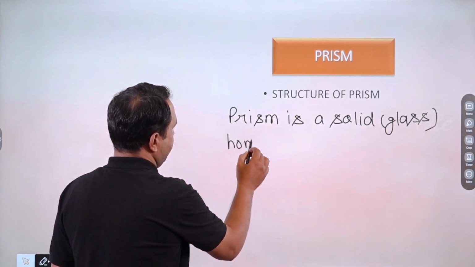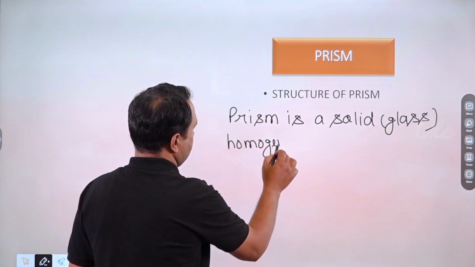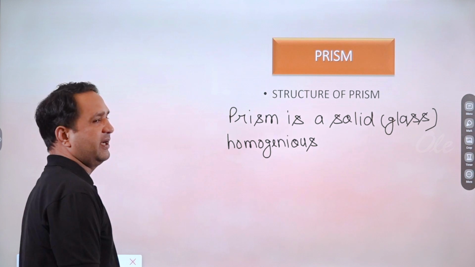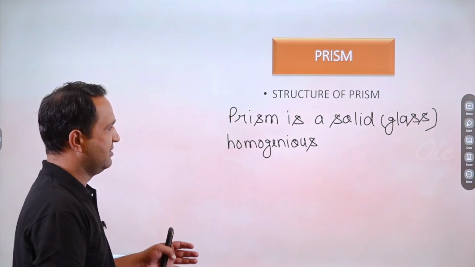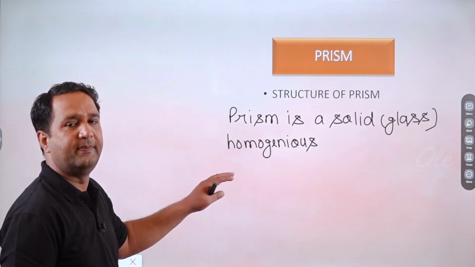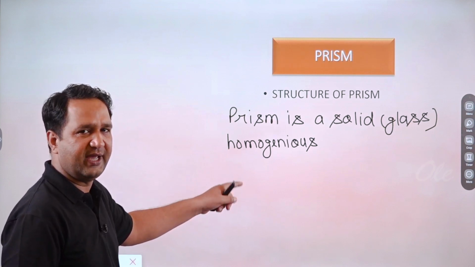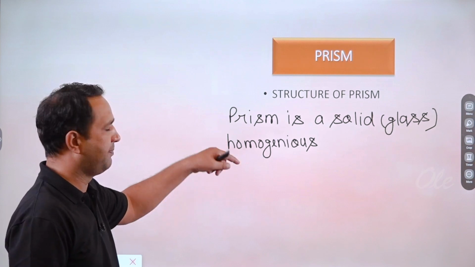Homogeneous. Why am I saying homogeneous? Because the refractive index of each section everywhere will be the same. That is why it is homogeneous. The refractive index everywhere will be the same on the prism.